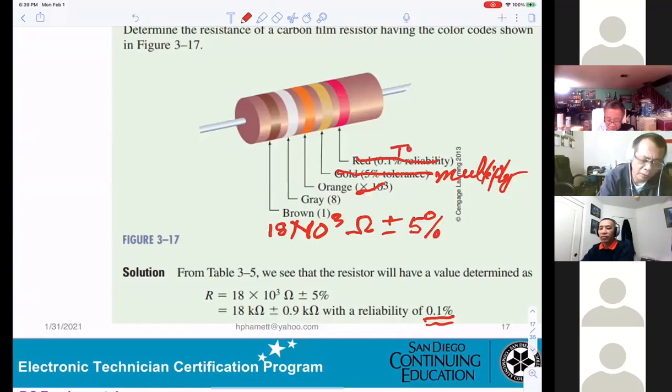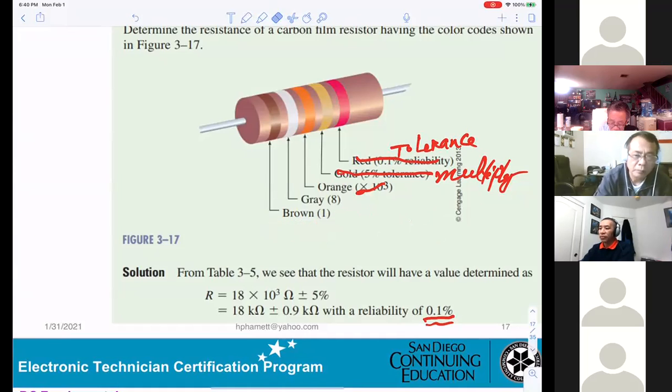So we don't have reliability. I will redo it. Okay, so if we're doing the calculation here, I recalculate it. We know the first one, number 1, right? The next one, number 8.